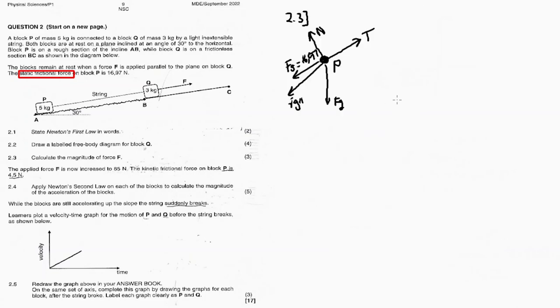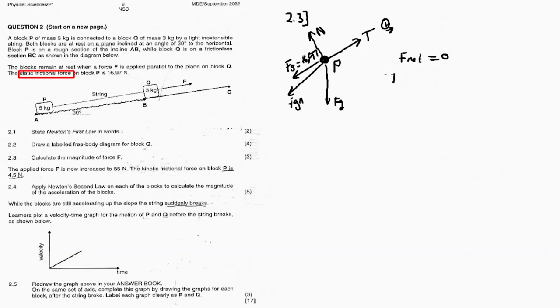Okay, now we are at block Q. So this is block P. So this is the free body diagram of block P. Tension T, and then FG parallel, which is the component of FG, and then F static, which is given as 16.97. Now choosing up as positive again, F net equals 0.